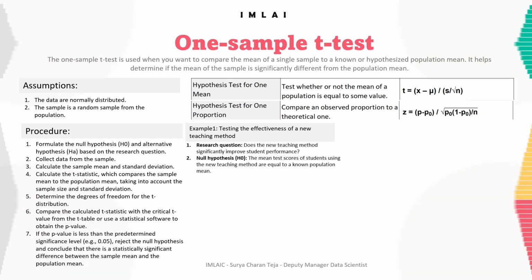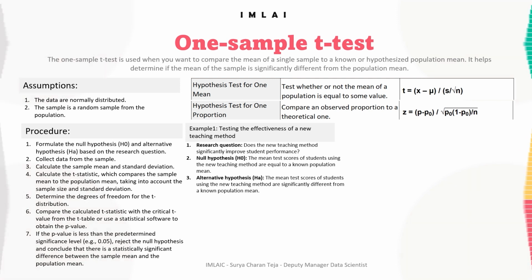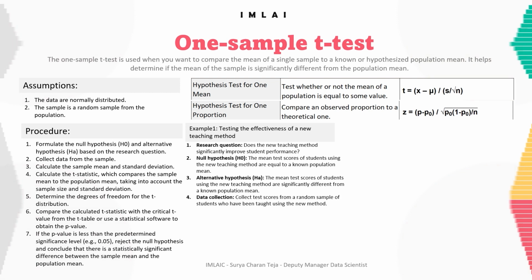The null hypothesis is the mean test scores for students using the new teaching method are equal to a known population mean. The alternative hypothesis is the mean test scores of students using the new teaching method are significantly different from a known population mean. So what we can do? It's exactly similar to the z-test.